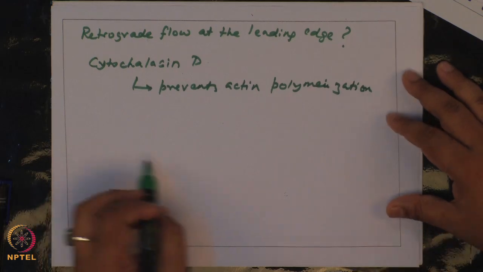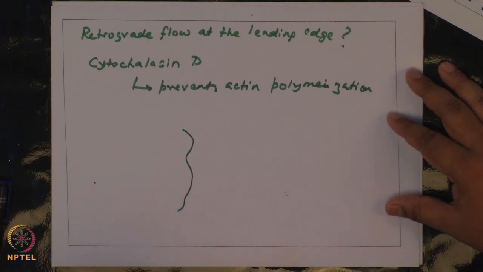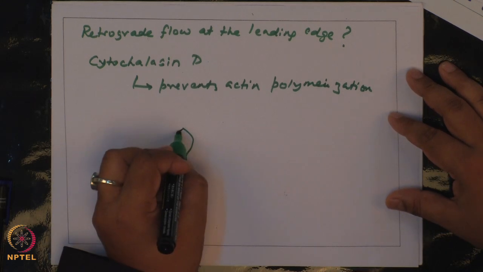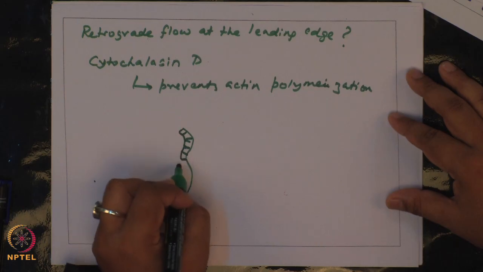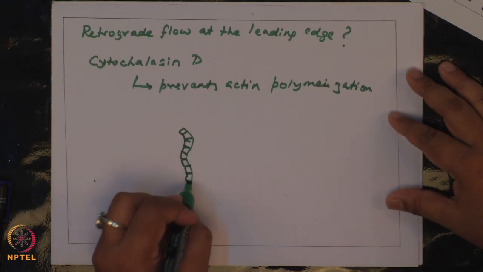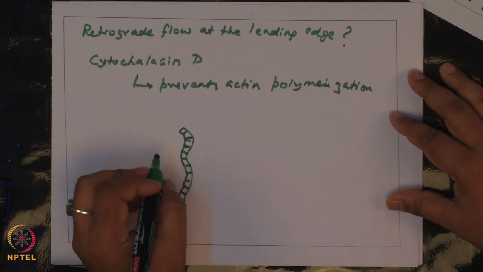Let us say this is my leading edge of the cell. What the authors did was they discretized the leading edge of the cell into small segments. Each of these is a small segment.